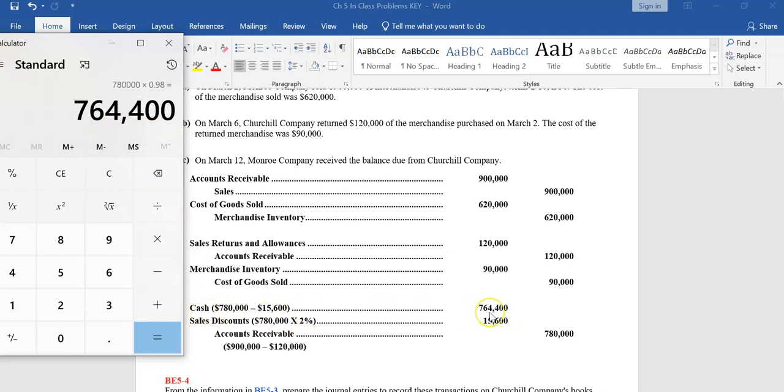Monroe's cash will increase $764,400 for the cash received from Churchill, so we will debit the cash to increase it. The amount of the sales discount, or the amount of the revenues given up due to the discount, is the $780,000 times 2%, the amount of the discount, $15,600. Again, we don't directly reduce the revenue account.